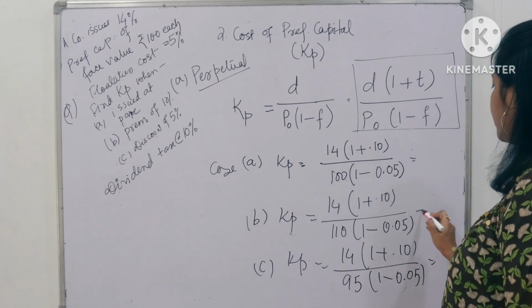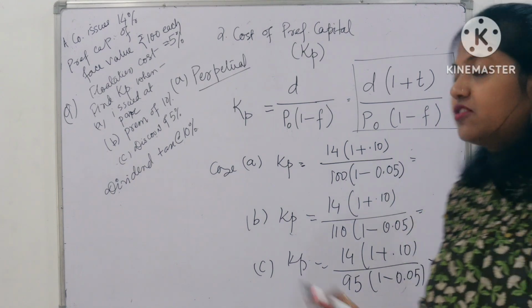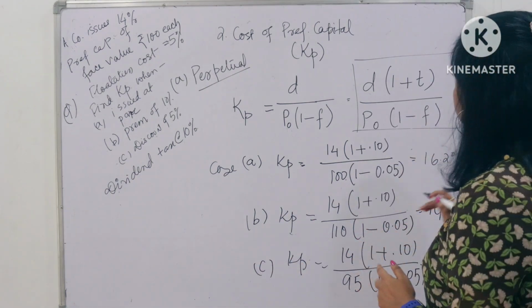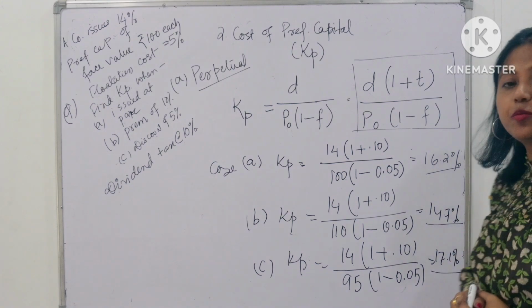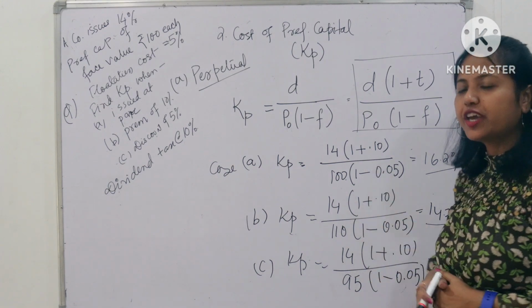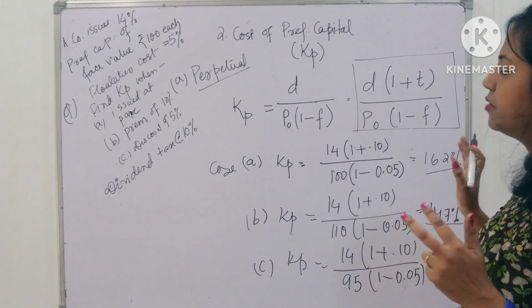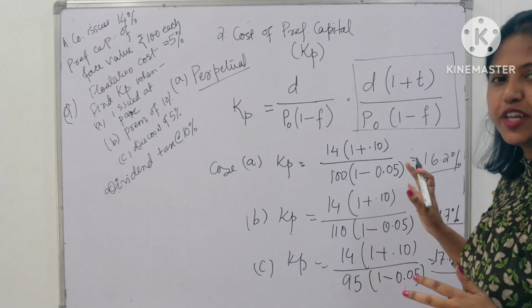This way you are going to get the values of KP. I calculated the values. It comes to 16.2, 14.7 and 17.1% respectively. So this is very easy if the capital is perpetual in nature.